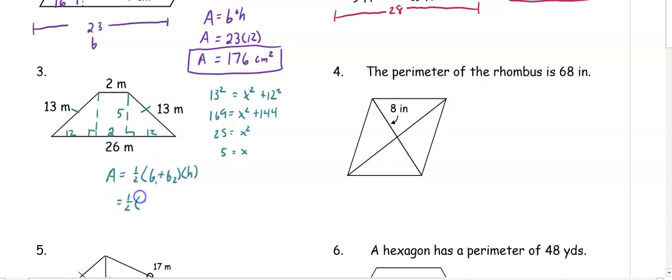So we have 1/2 times 2 plus 26 times 5, which gives us 1/2 times 28 times 5. So that is going to give us an area of 168 meters squared.